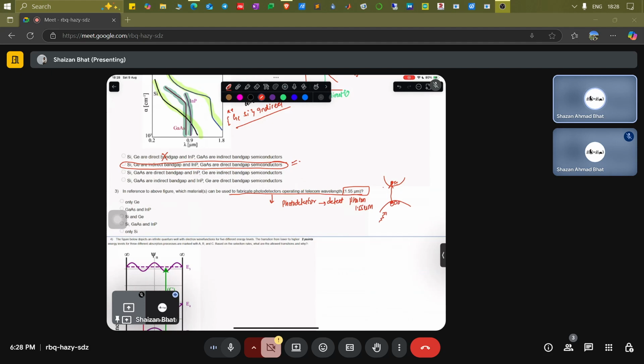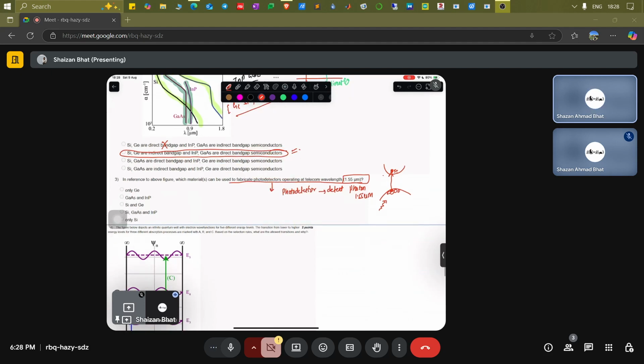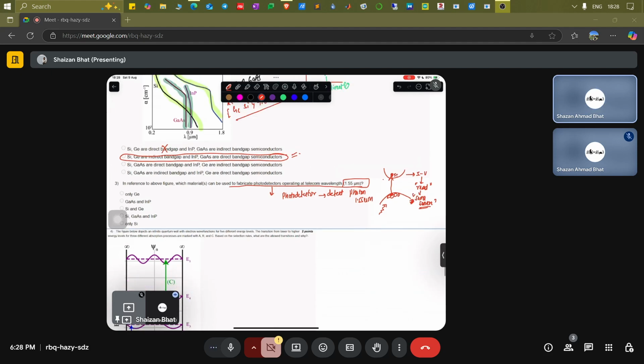Then these electrons get converted into current or voltage that can be read by some sensor, that can be used for sensing applications. That's what photodetectors basically do, even in your camera or any other device.